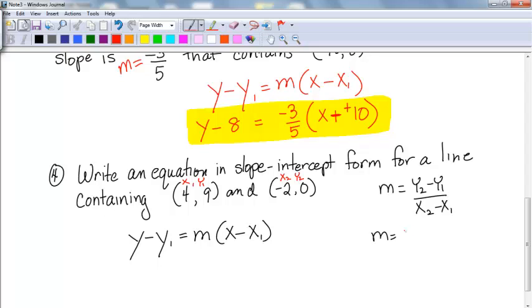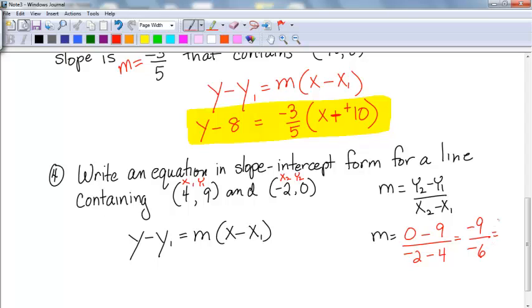So if I labeled it that way, my y sub 2 is 0, my y sub 1 is 9, my x sub 2 is negative 2, and my x sub 1 is 4. So I end up with a negative 9 over a negative 6, and then reduce that.